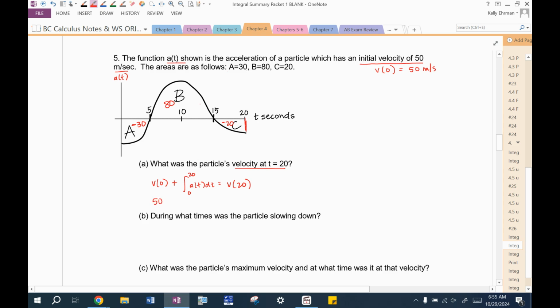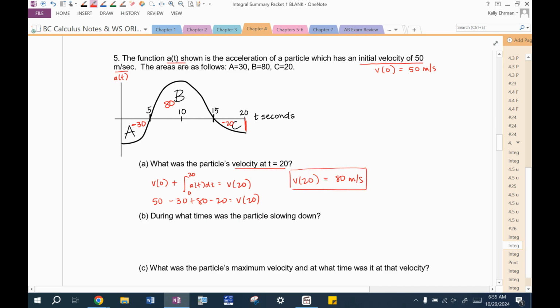And so what is the change in velocity here? It's minus 30 plus 80 minus 20. That lands us at v of 20. So v of 20 is equal to 50 minus 30 is 20. 20 plus 80 is 100. 100 minus 20 is 80, and I will label velocity as meters per second.